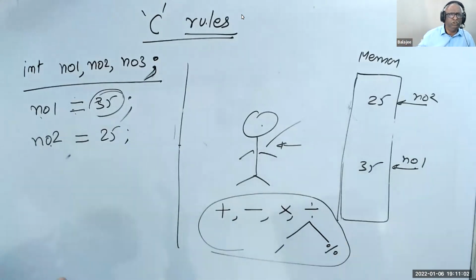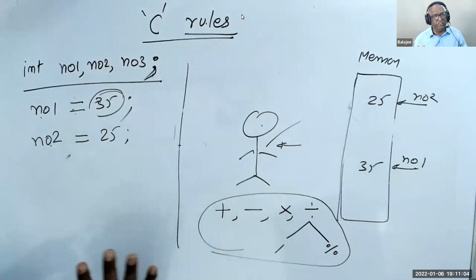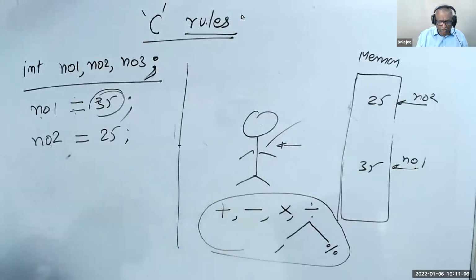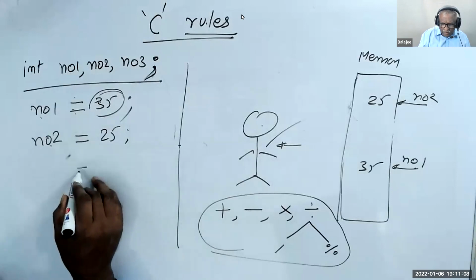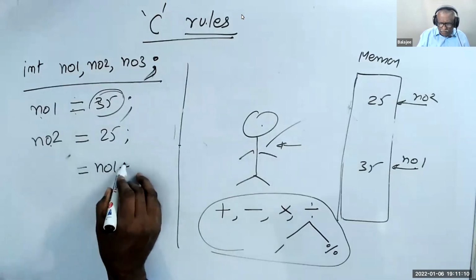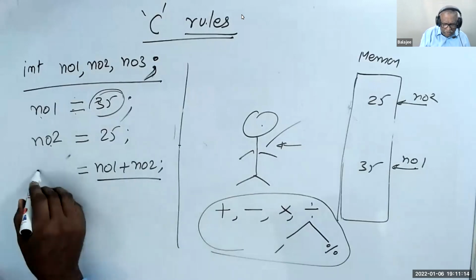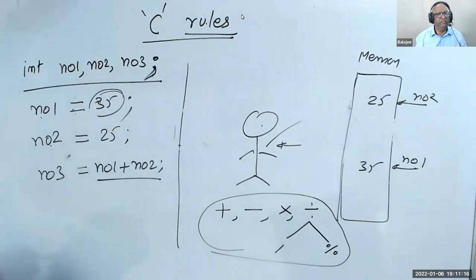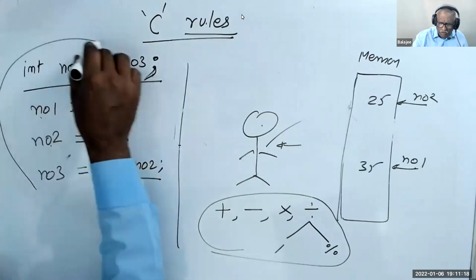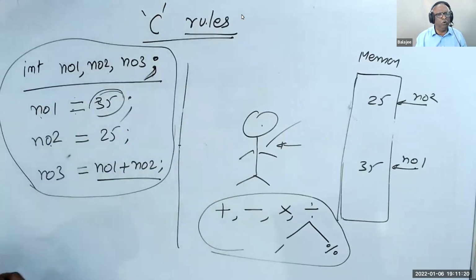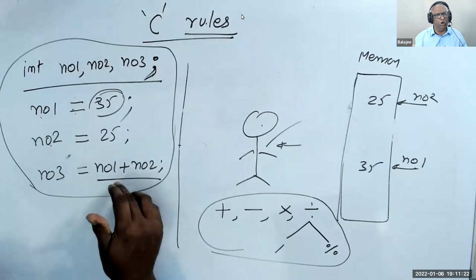We will see that slowly, but don't get confused initially. Then you say number 1 plus number 2, and the result you are assigning to number 3. That's it. This is a very simple C program doing an addition operation.